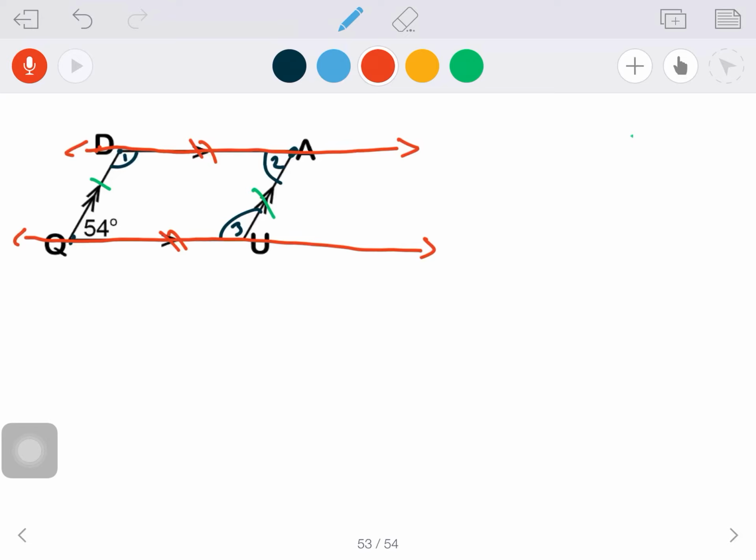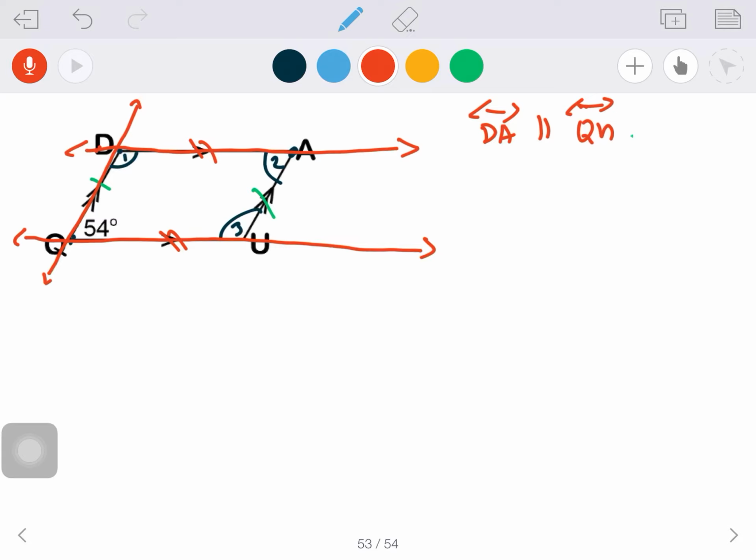And this line here can also be extended to form the transversal of line DA that is parallel to line QU. So its transversal now becomes line QD. Or if you want segment, since these are segments here, it could be okay as well.